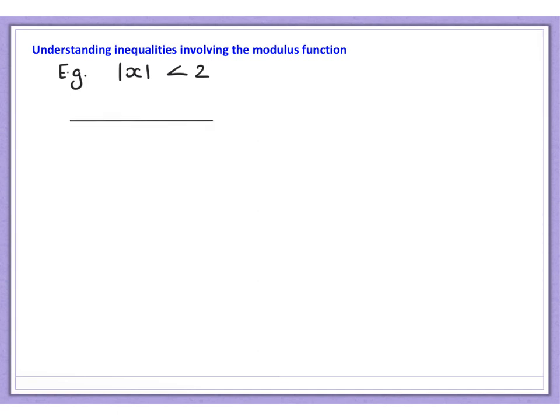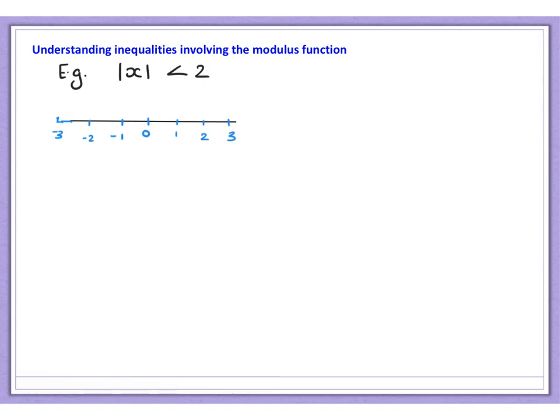So a good way of thinking about this is to think of a number line. Let's mark on some numbers onto said number line. So we've got 0, 1, 2, 3 and onwards, and some negative numbers, -1, -2, -3, etc. Now, we want the magnitude of x to be less than 2.